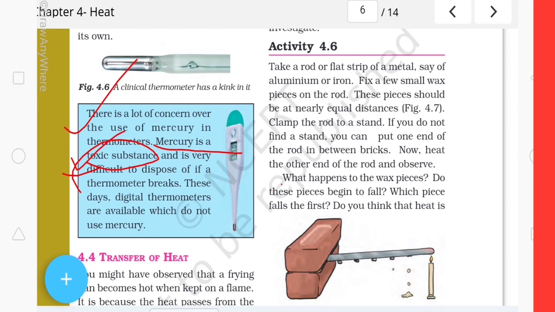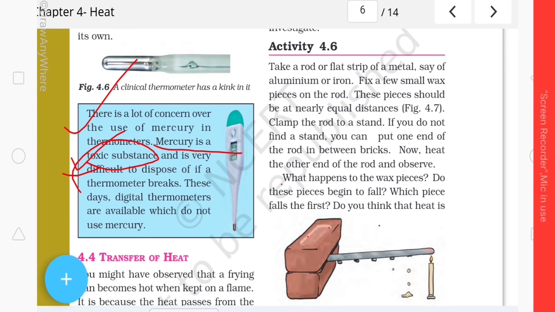Since it is harmful, we cannot throw this mercury here and there, yet we need to throw it, because those clinical and laboratory thermometers which are made of glass may break. If they break, there is mercury, so we will have to throw those broken thermometers, and with that we are throwing the mercury also, which is not easy to dispose of because it is very toxic and harmful.